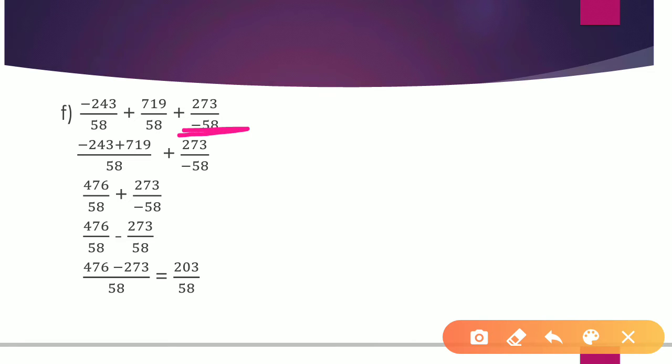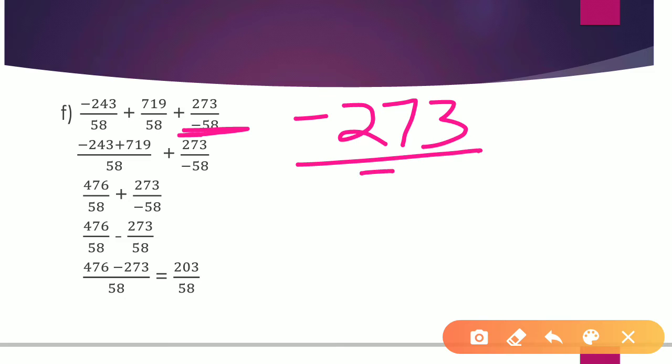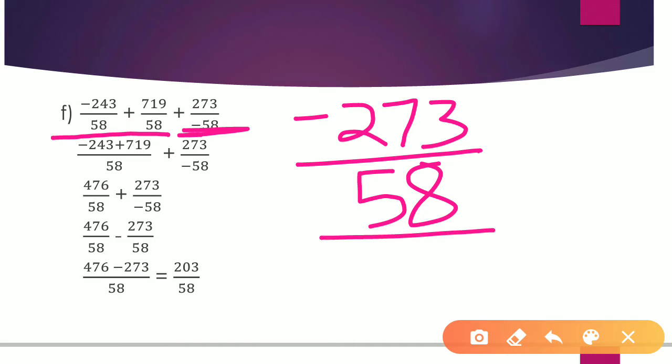We can also write this as minus 273 by 58. So for all the rational numbers, the denominators are same. If we want to solve this question directly, we can solve it together also. But if you want to solve this question step by step, first you solve these two, then you solve the rest one.